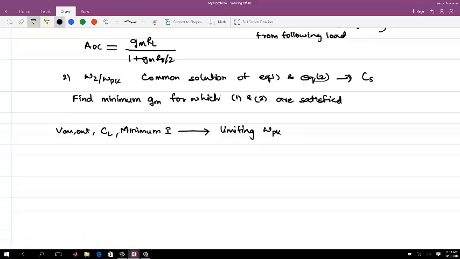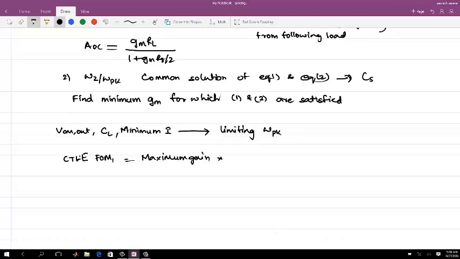And one other way to quantify that is from the CTLE. One of the metrics is that you want maximum gain. Let me just say this is a CTLE figure of merit, which it is not, but I'll just say figure of merit 1. Let's say you want maximum gain, right?